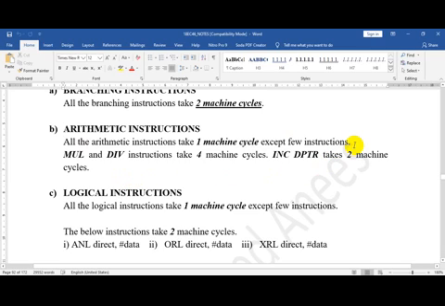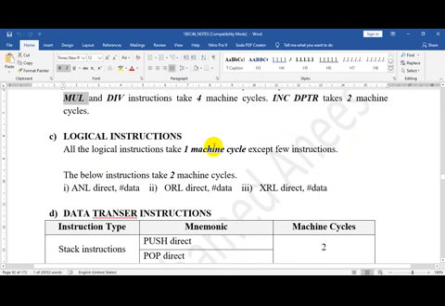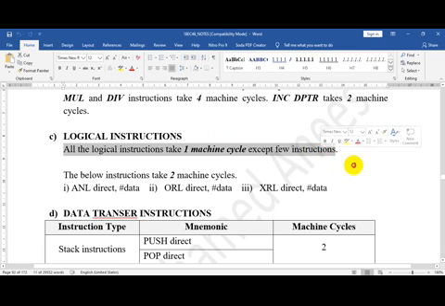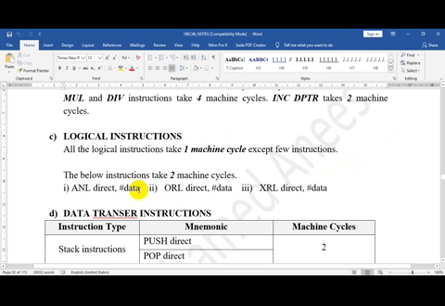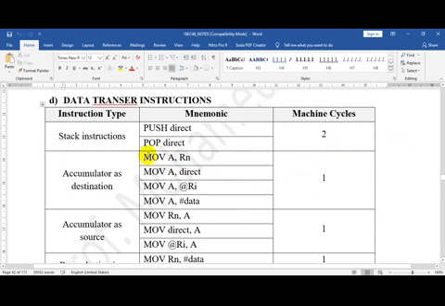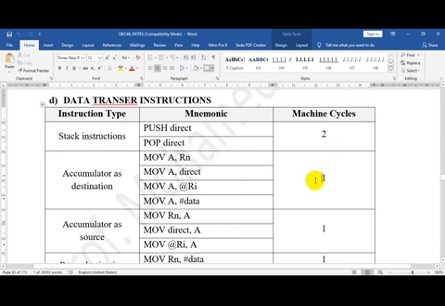All the logical instructions take 1 machine cycle except those logical instructions where the source is immediate data. That is also easier to remember. The stack instructions take 2 machine cycles.